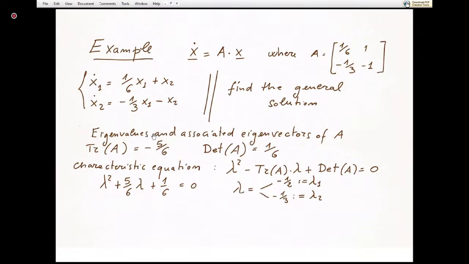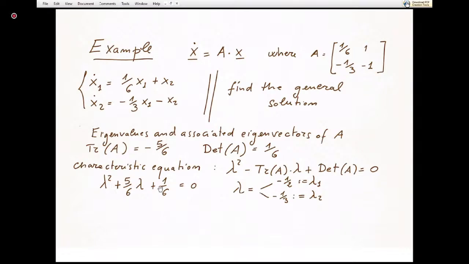The eigenvalues and associated eigenvectors of A can be computed by the short formula: lambda squared minus trace of A times lambda plus determinant. The trace is just 1/6 minus 1, which is minus 5/6. So minus trace is 5/6. The determinant is minus 1/6 plus 1/3, which is 1/6.